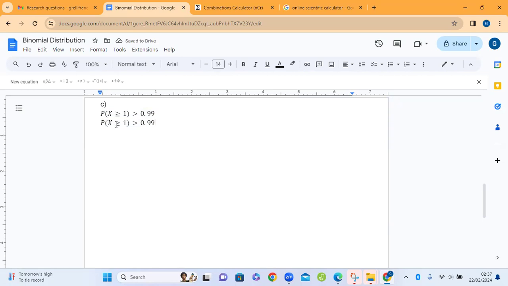The P of x greater than or equal to 1 can be calculated by saying 1 minus P of x less than 1.